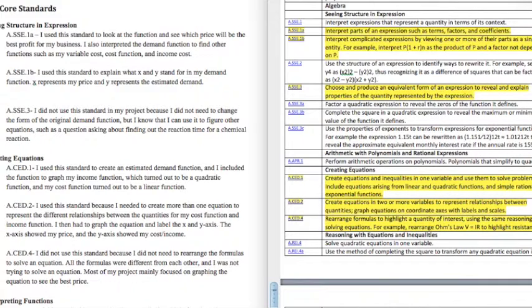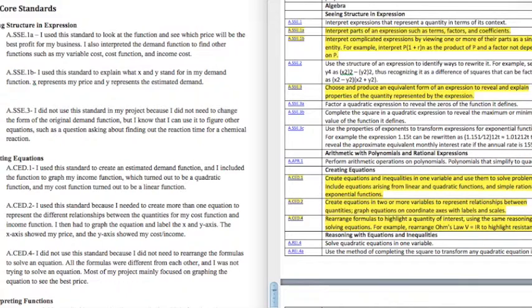I used this to look at the function and see which price will be the best for profit when I sell for my business. So this was just understanding and interpreting the expression. I understood the terms that were used in the project. I understood the factors that it contained and the different coefficients such as x and y.